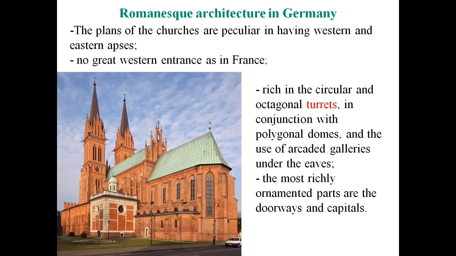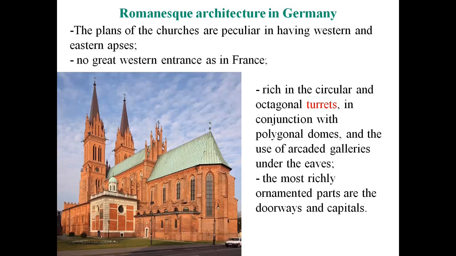Now let's talk about the Romanesque architecture in Germany. So what is special about it? We won't see that great decoration of western entrances as in the churches of France. The architecture itself is more oriented on the constructive features. The plans of the churches are peculiar in having western and eastern apses.